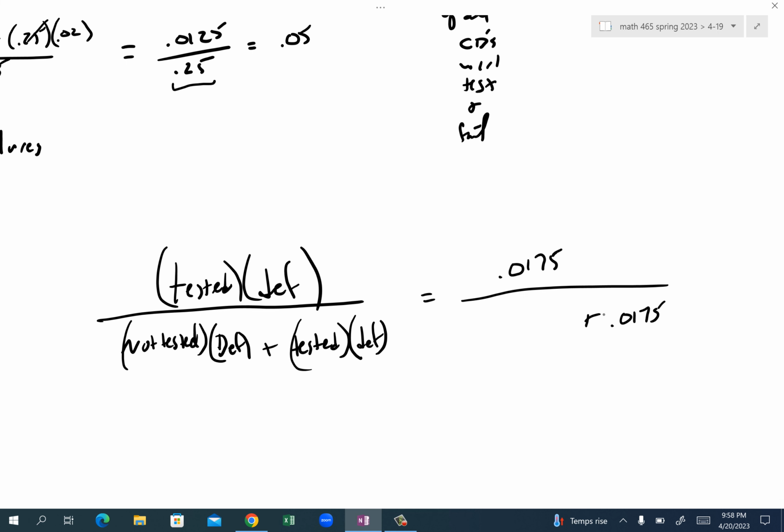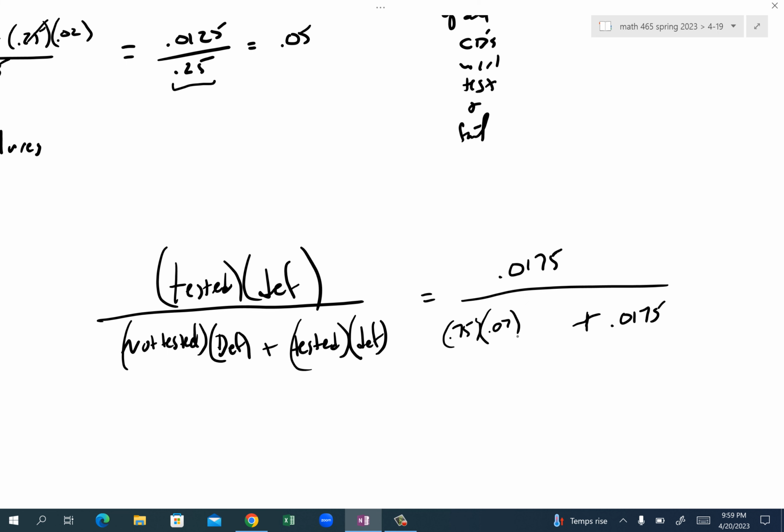I think what they're going to have you do is 0.75 times, I'm going to think about this for a minute, 0.01, 0.02, plus 0.02. Well, 0.07, right? The exact same failure rates as above, because we're only testing a quarter of them.